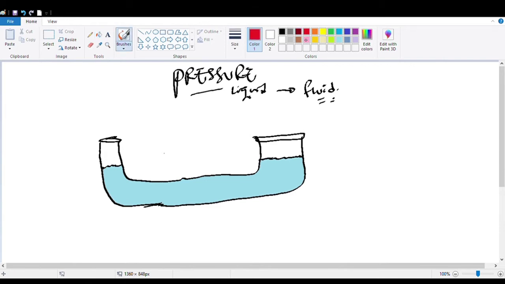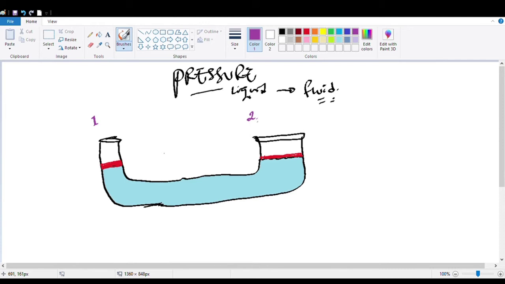And then I put a piston, like the pushing thing in the syringe. There's a piston here, and it also has a piston there. Let's say the opening of this is opening A, or opening 1, and this one is opening 2.